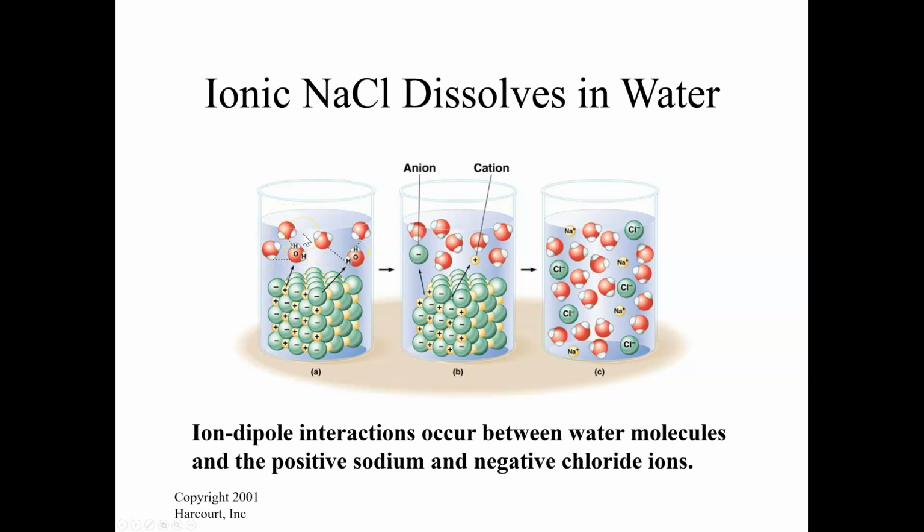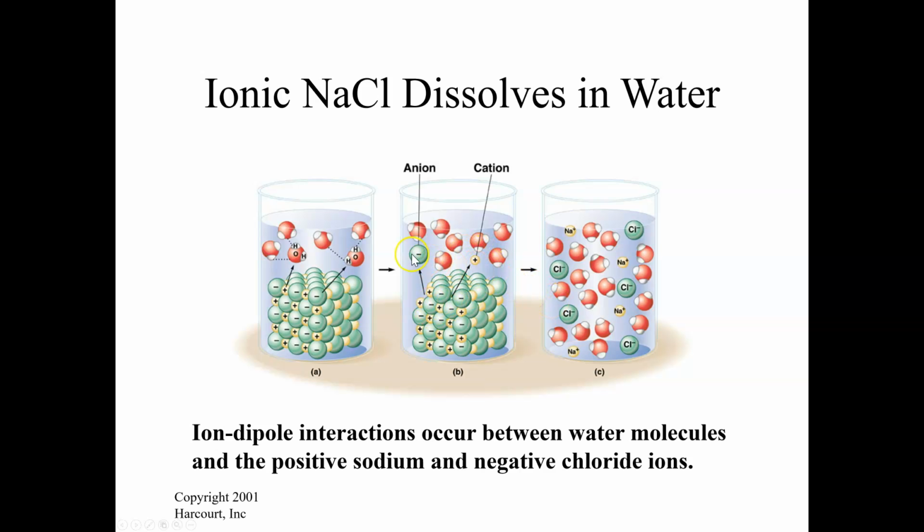But because of that partial negative and positive side, they also attract the sodium and the chloride and make them want to break apart into ions. At this point, their attraction is pretty strong right here, but when the water gets near them, they will break into just their individual ions. So here's the chlorine, and the positive guys is sodium.